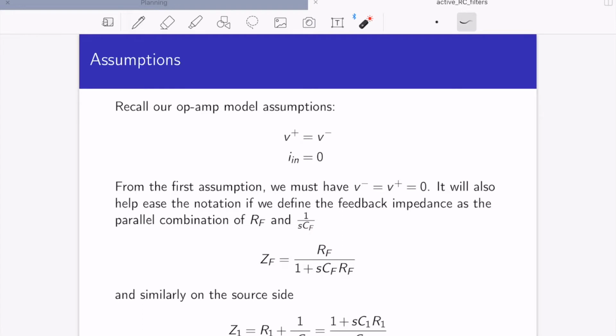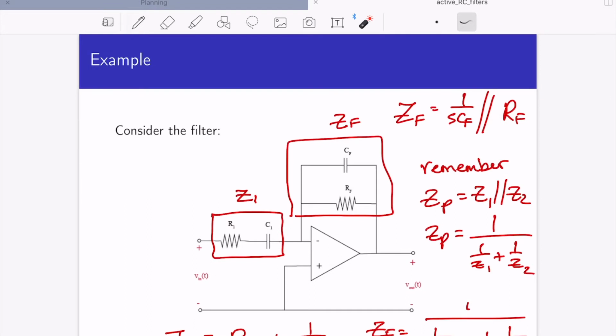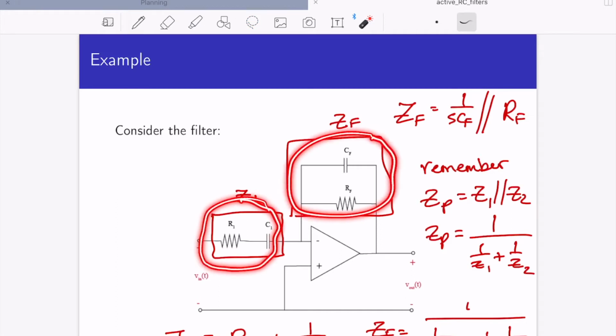And then our source impedance on the source side was R1 plus 1 over SC1. We're going to find the common denominator. We get 1 plus SC1R1 over SC1. Now this circuit looks just like the other two circuits we've looked at before, except that now we have a series combination here and a parallel combination there.